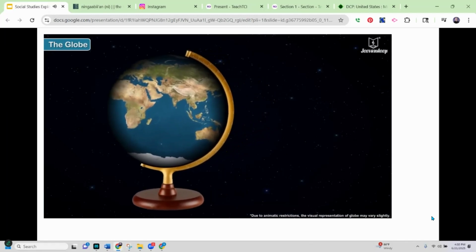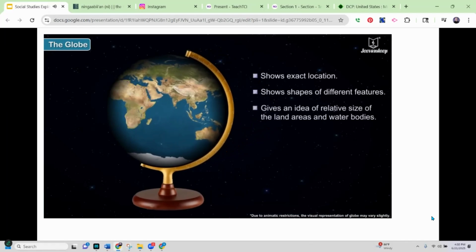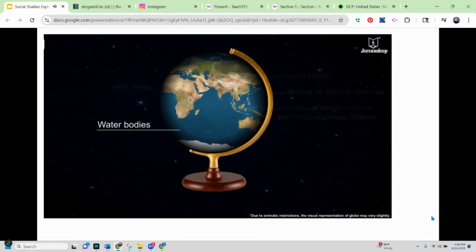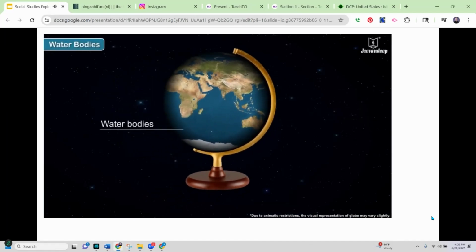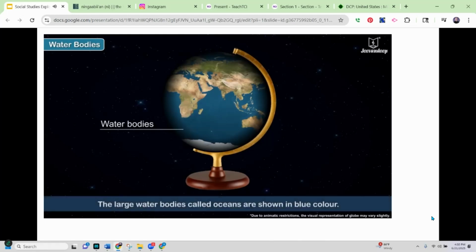A globe shows the exact location, shapes, and gives an idea about relative size of all the land areas as well as water bodies on the Earth. Water bodies. The large water bodies called oceans are shown in blue color.